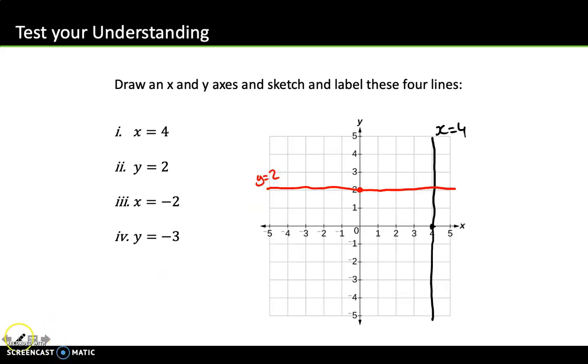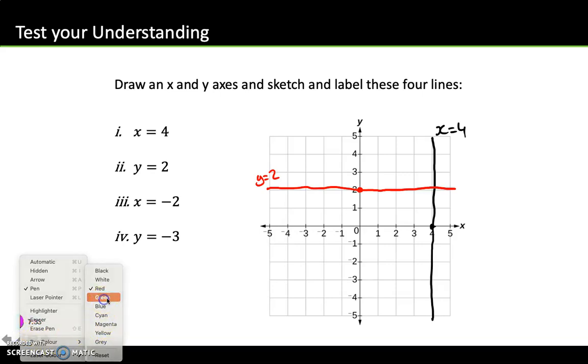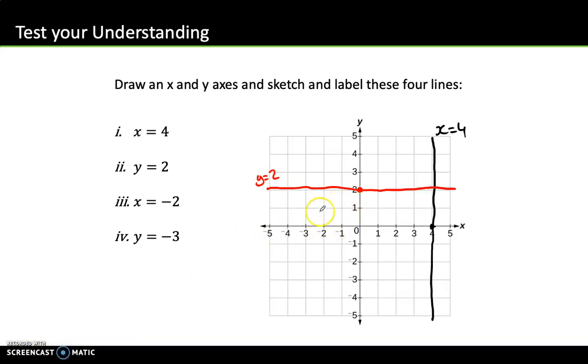So this is y equals 2. For x equals -2 then, we'll do it in green. Again, it's an x equals, so it's going to be a vertical line. It starts at -2, and we're just going to draw a vertical line from -2. And so this is x equals -2.